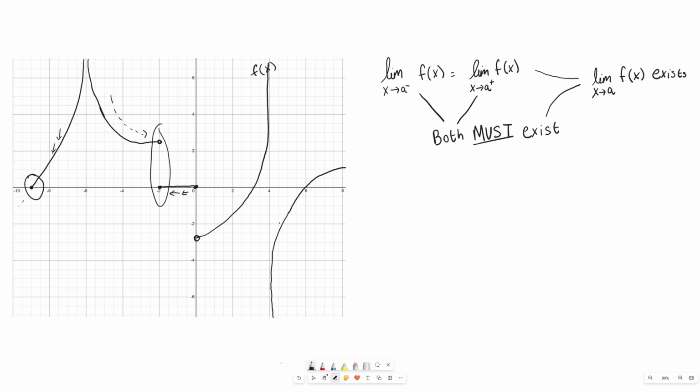Now let's take a look at these 2 points. Let's call this point A, and let's call this x equals -2. So, point A, or where x equals -9, you can see that there's no left side limit. Now, I talked about how both limits must exist, but that does not apply to this specific section.